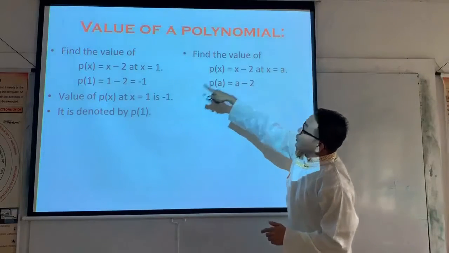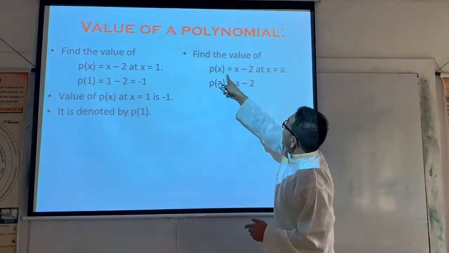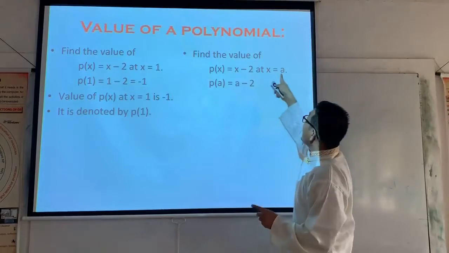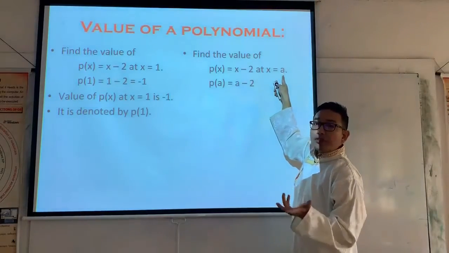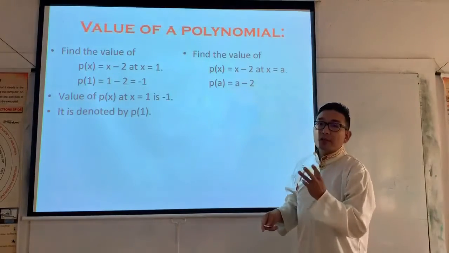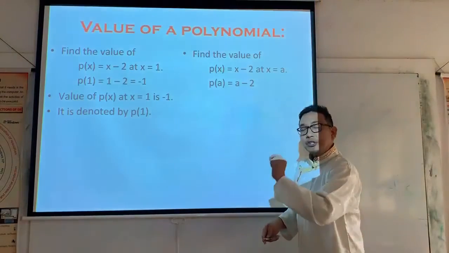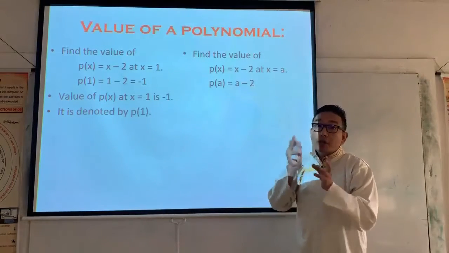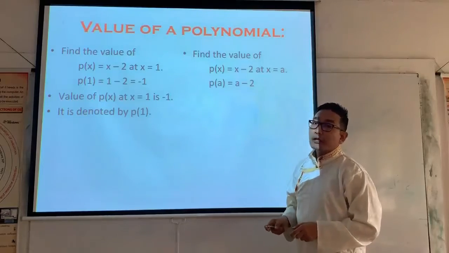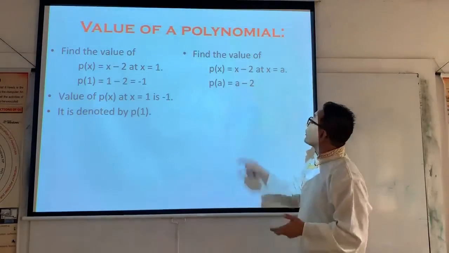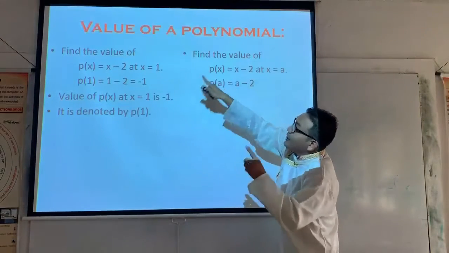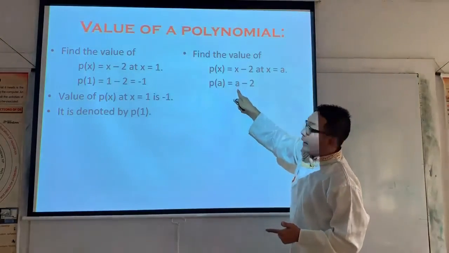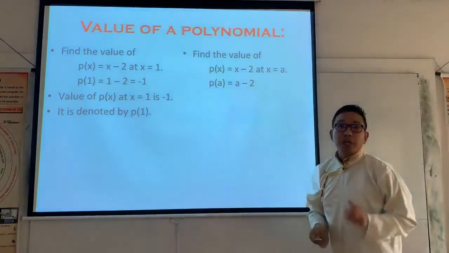Now find the value of p of x is equal to x minus 2 at x is equal to a. Here a is a constant, like letters a, b, c in the alphabet, which are variables, but a constant is a fixed number. So substitute x is equal to a: p of a is equal to a minus 2.